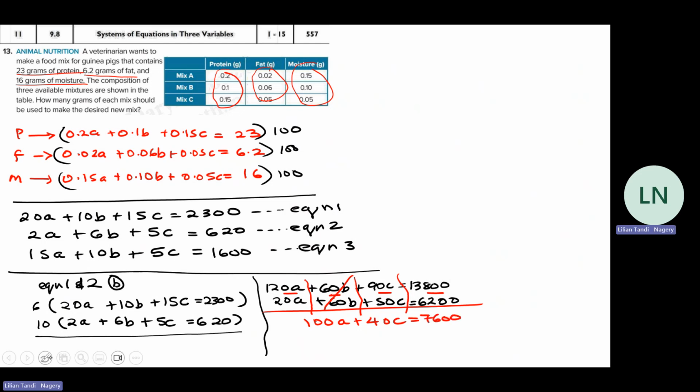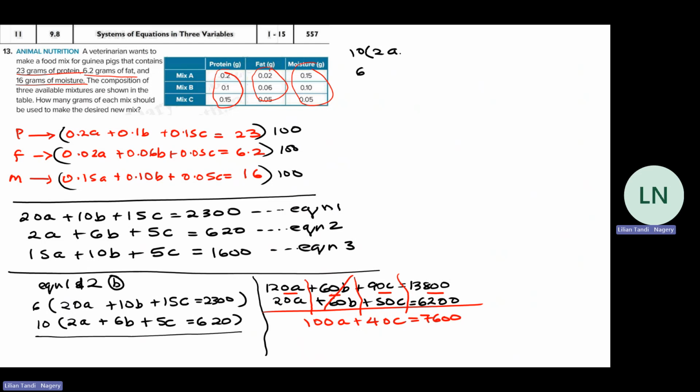Then I'm going to do equation 2 and 3. Okay? And eliminate b. So equation 2 and 3 will be bracket 10 and here 6.